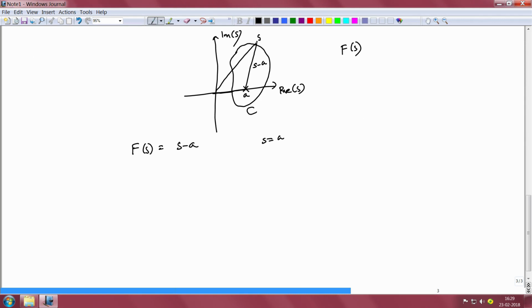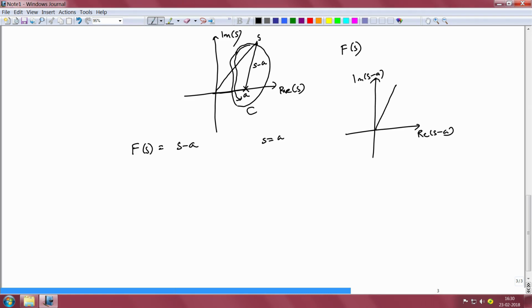Now, if I were to take this complex number which is on the contour C and take it round the contour in the counterclockwise direction once, what will happen to this complex number s minus a? If I were to graph this complex number s minus a, so in other words the real part of s minus a versus the imaginary part of s minus a, in the present configuration the complex number looks something like this.